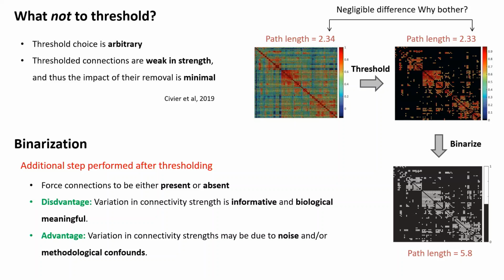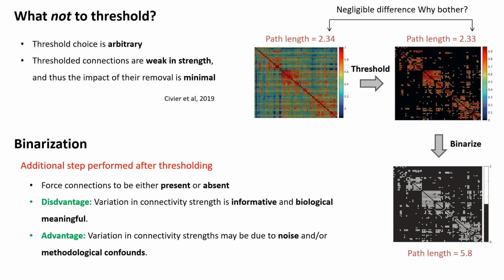But on the flip side, this variation in connectivity strength is important, right? We know that connections vary in strength by orders of magnitude, and we want to preserve those effects in our network. And by binarising that, we are effectively suppressing that information. So we're losing that rich variation in connectivity strength across the network.